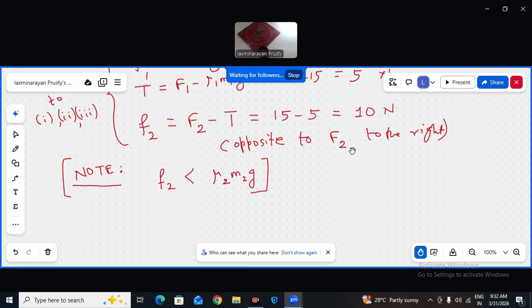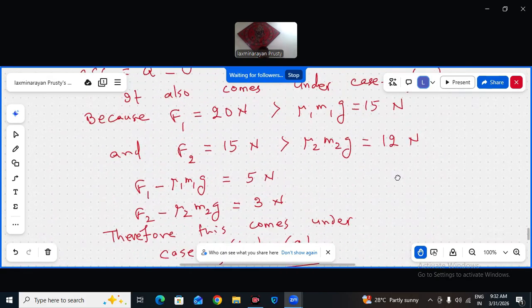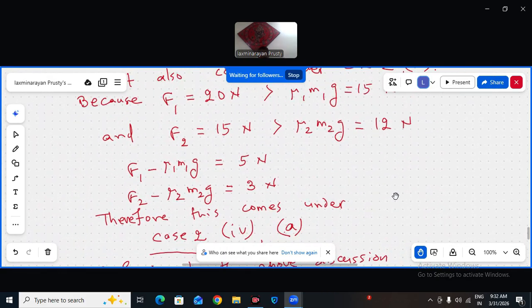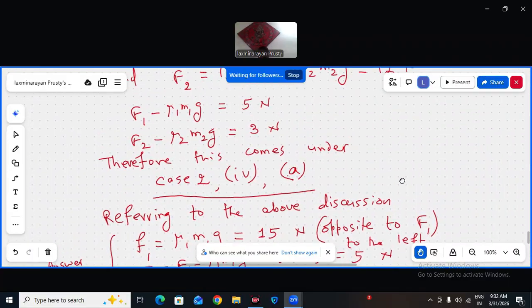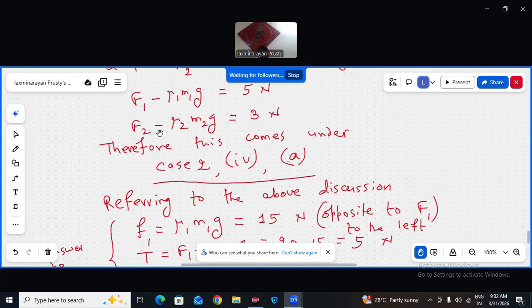So this is opposite to F2. Understood this? As in the diagram. Note that F2 is not equal to μ2 m2 g. What is equal to μ mg? F1. F1 is equal to μ mg. Why? Because F1 minus μ1 m1 g is greater than F2 minus μ2 m2 g.